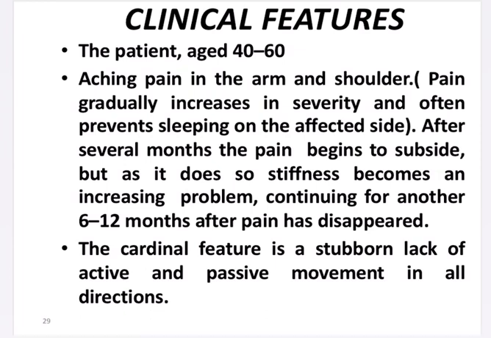After several months the pain begins to subside, but as it does so, stiffness becomes an increasing problem, continuing for another 6 to 12 months after the pain has disappeared. The cardinal feature is lack of active and passive movement in all directions. So we have two characteristics: the pain and the stiffness with 3 phases, and lack of active and passive movement in all directions.